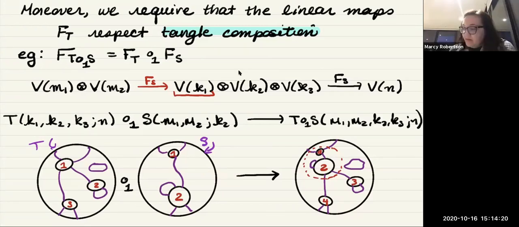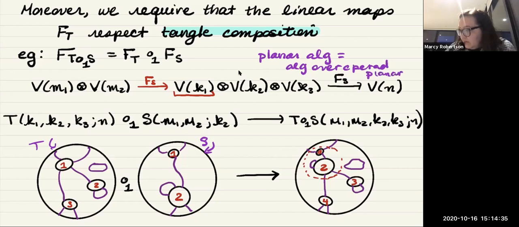If you're familiar with this, you can also just say that a planar algebra is an algebra over an operad of planar tangles. That's composing. The action of an operad is like a really ugly non-commutative algebra, and it's acting on a bunch of vector spaces.